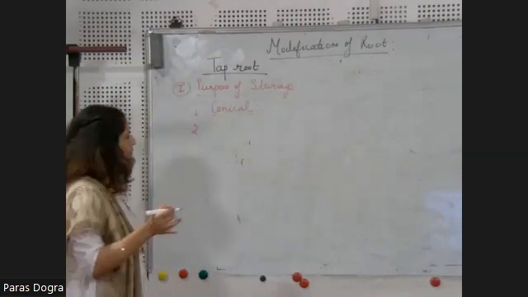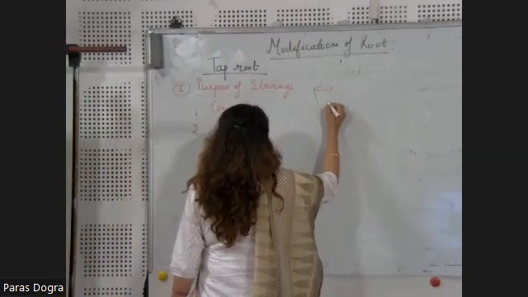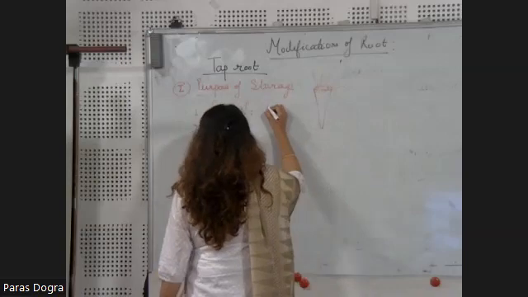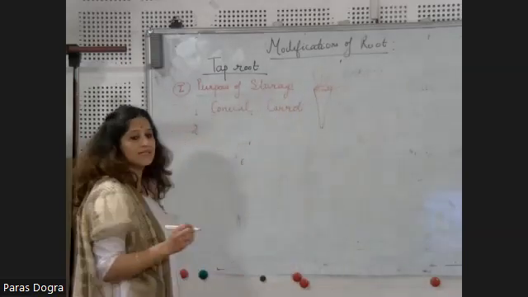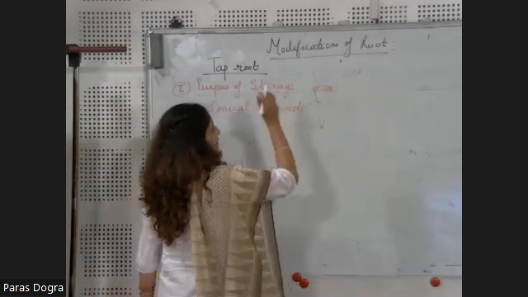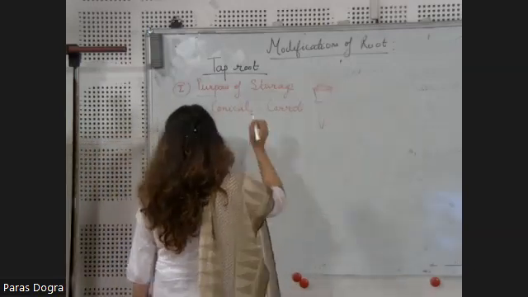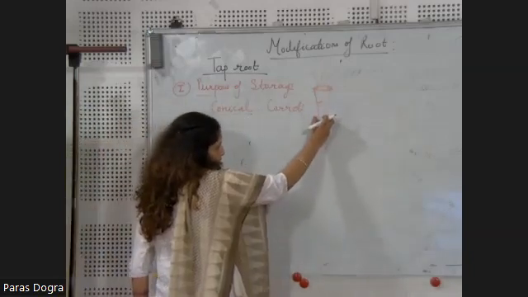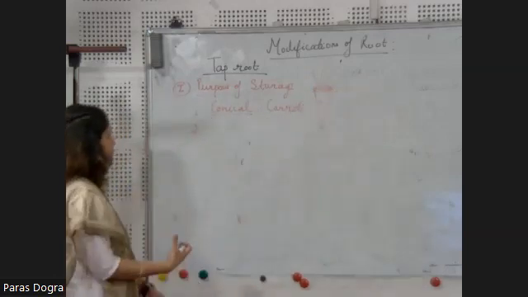As the name suggests, here the root acquires the shape of a cone, as you find in case of carrot, botanically known as Daucus carota. Here, this swollen portion is the root. This is the discoid stem, which is reduced, and it gives out radical leaves. So this is the conical root form, where the root is broad at the top and narrows down as it goes downwards.